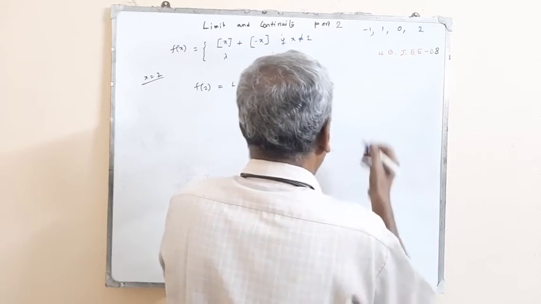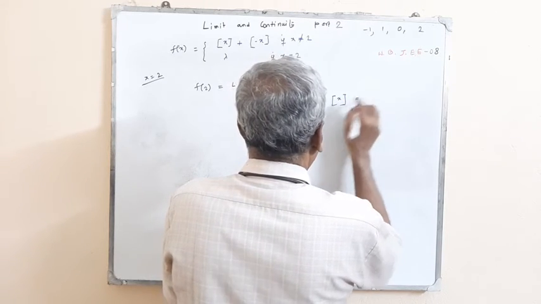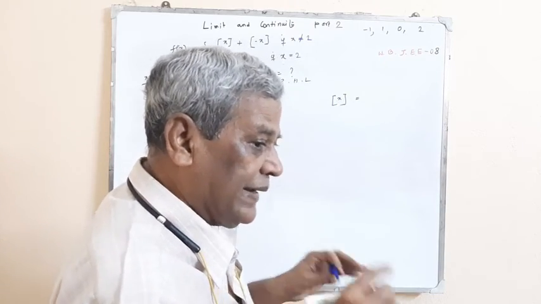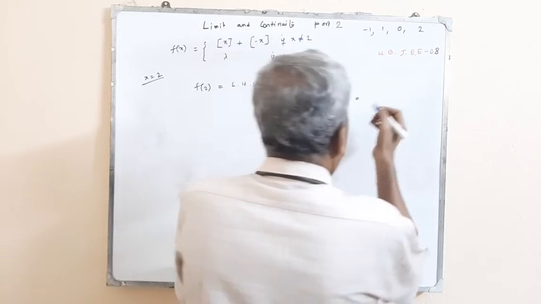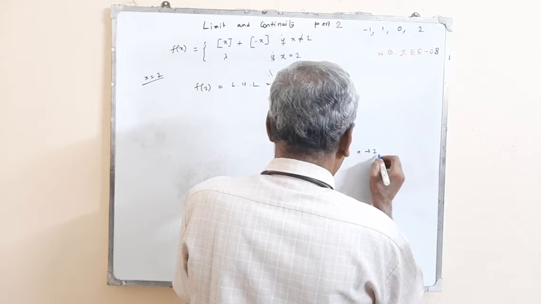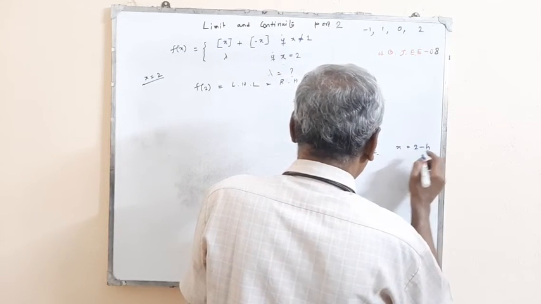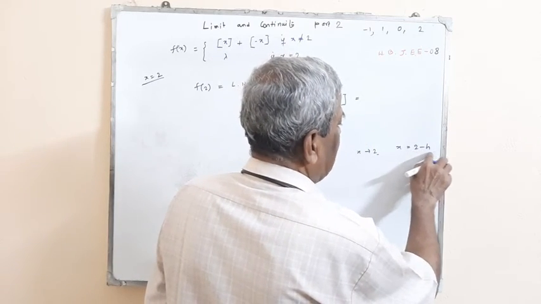Last day I told you that box x is equal to its integral value if it is positive. Then when x tends to 2 minus, that is x is equal to 2 minus h, h is very small, but it is still less than 2.